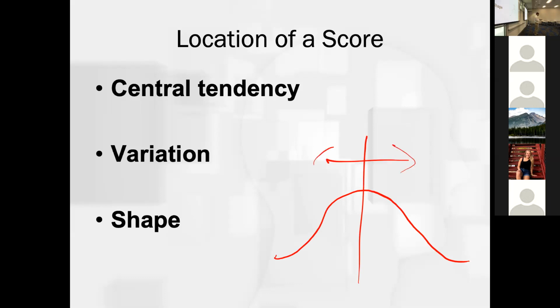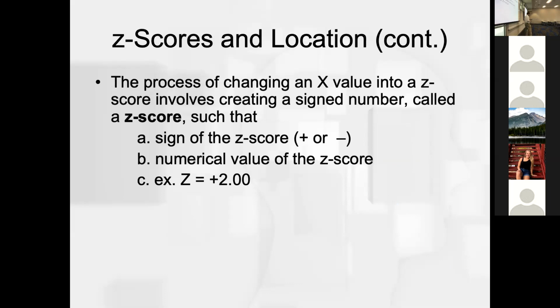You could flip the left and right over this middle line, and it would look the same. So once we have that information, we change that X value into a Z-score, creating a signed number. So when I say signed, I mean positive or negative, called the Z-score.